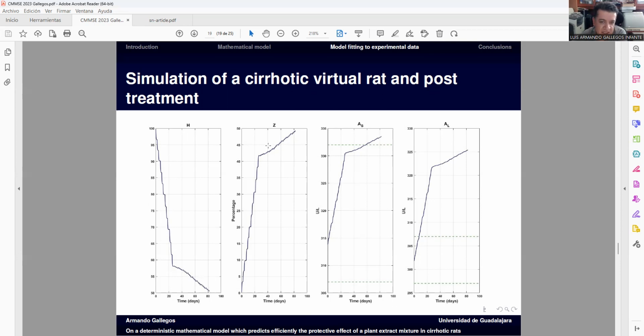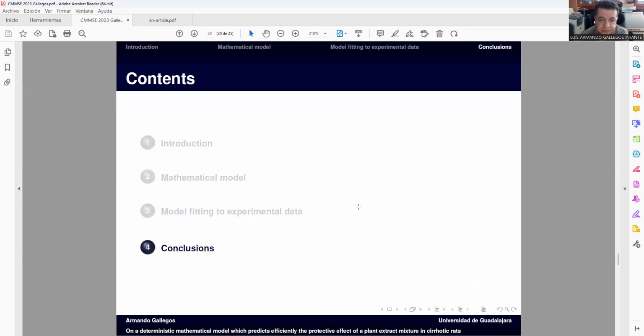But here we can see that the damage is reduced considerably, and in fact the protein levels, of course, the effect is reduced.